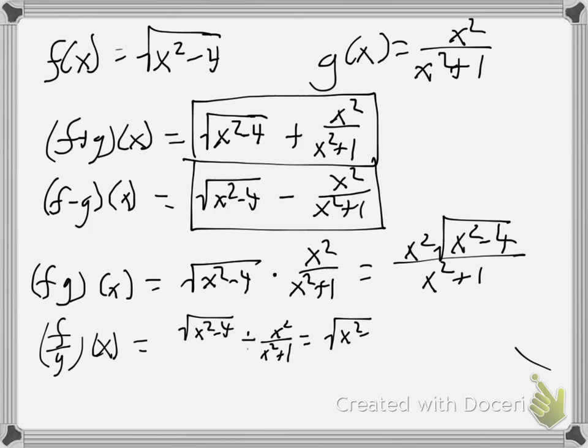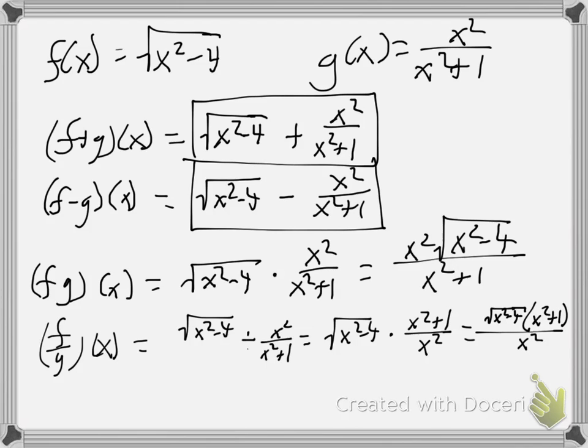So I have square root of x squared minus 4 times x squared plus 1 over x squared, which then, when I combine those into one nice, neat fraction, I would have square root of x squared minus 4 times x squared plus 1 all over x squared.